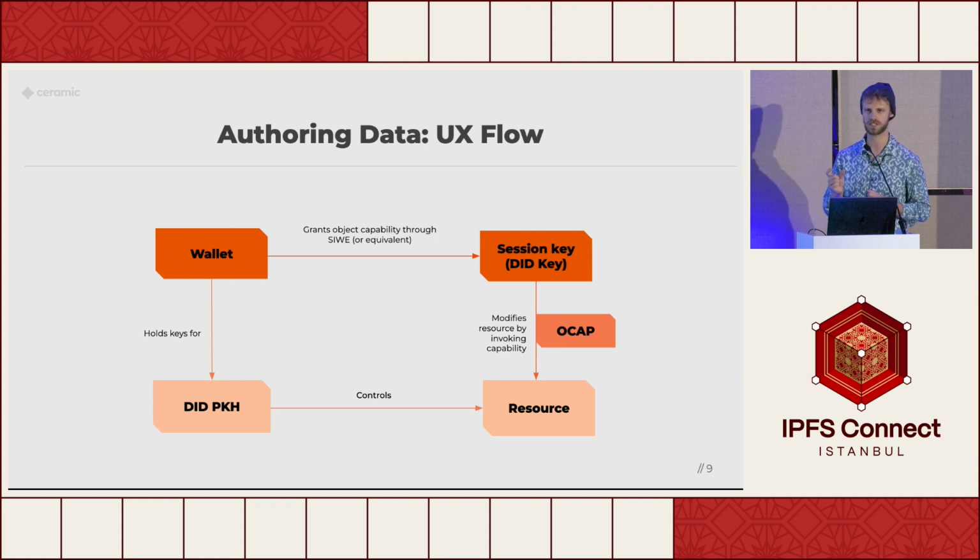And as long as the session key signature is valid and the signature in the object capability is valid, you can prove the whole chain from the user's account, which is the DID PKH in this case, that controls the resource. And you can see the full chain back to the session key that actually is trying to edit the resource.